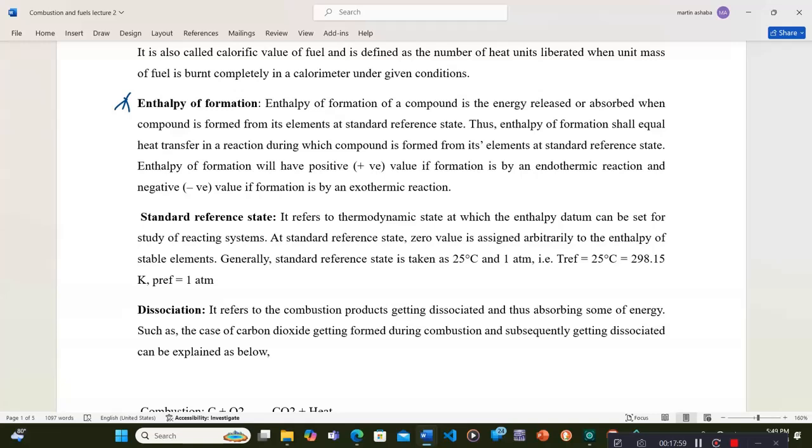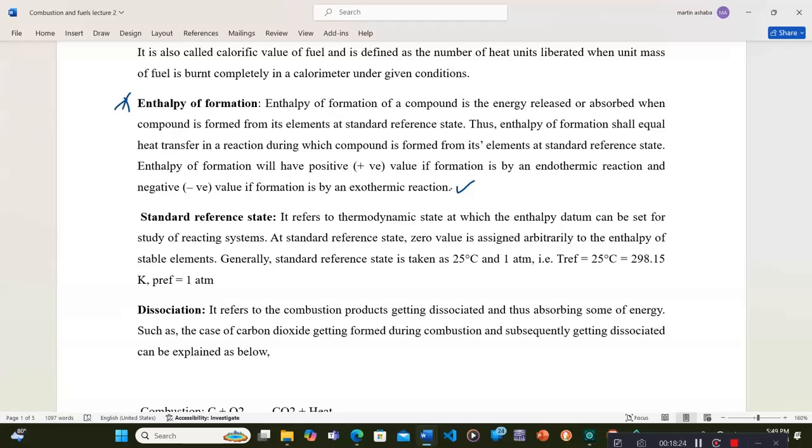Enthalpy of formation will be positive if formation is by an endothermic reaction, that is, heat is absorbed from the surroundings and the product is formed. When it is negative, heat has been given out, that is, during an exothermic reaction.